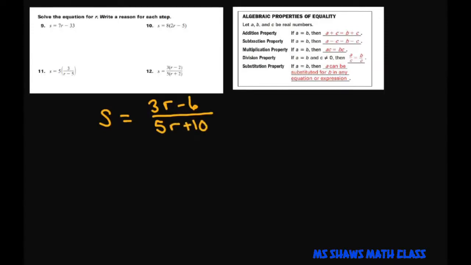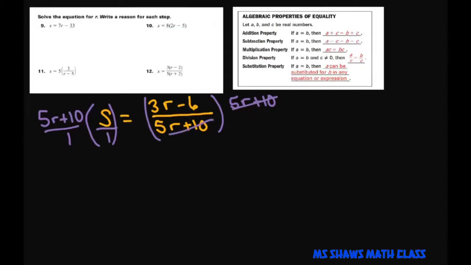Now I'm going to put this S in fraction form, multiply both sides of the equation by 5R plus 10, because these cross out. So now we have S times 5R plus 10 equals 3R minus 6.